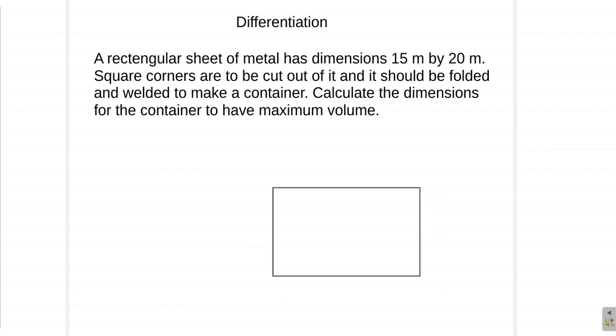So we have 15 meters over here, 20 meters across. All right. Now, we're going to cut square corners. So we're going to cut off here, cut off here, cut off here, and cut off here. So that is what we have.